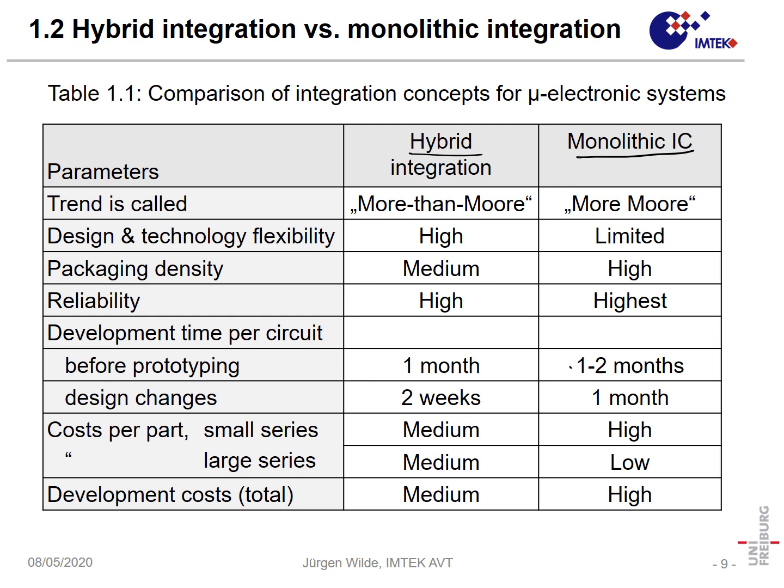Of course, if it's very complex, the generation of a new processor at Intel takes rather years than months. But before prototyping, it's in the order of months. Also, for hybrid integration, you need some electronics engineering, and it also takes months.